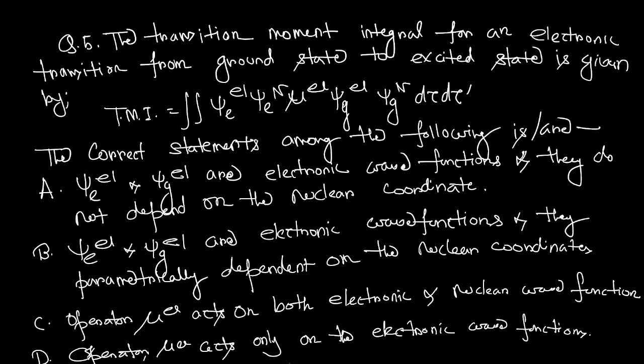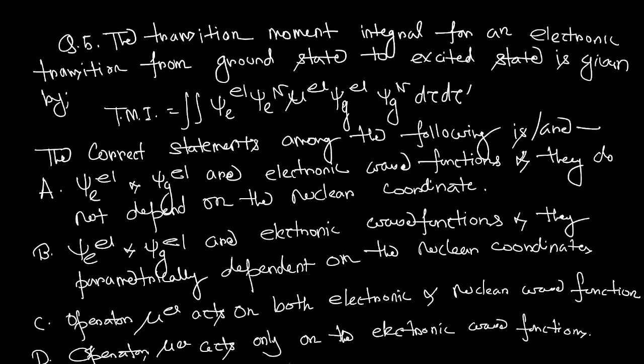But the electronic wave function always depends on the position of the nucleus. Otherwise, in the potential energy surface, the position of a particle cannot be specified.